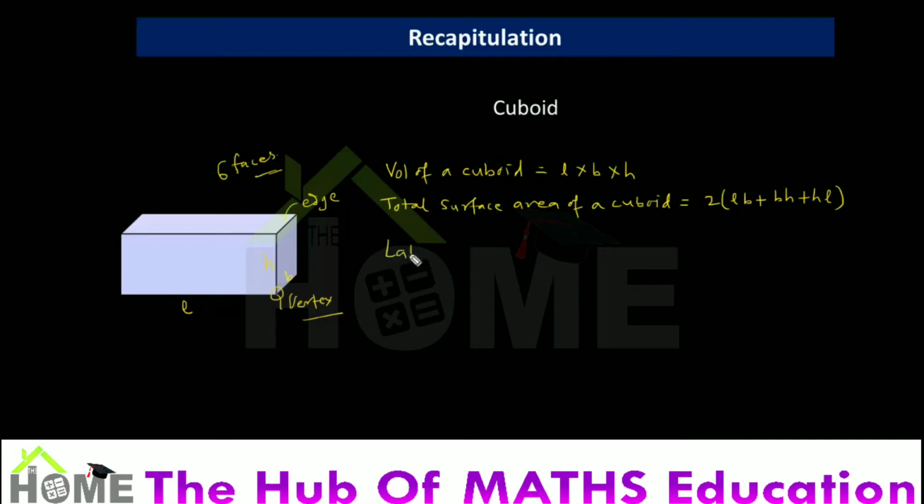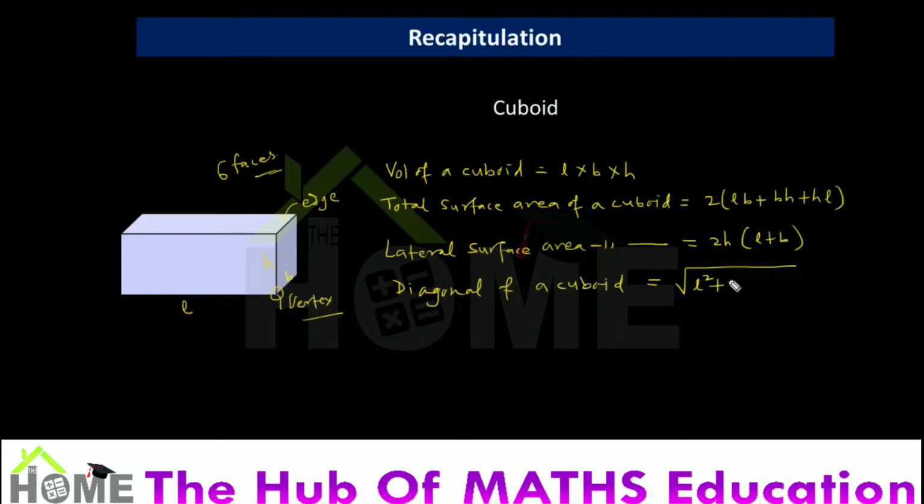And the lateral surface area of a cuboid is given by 2h into (length plus breadth). This gives you the lateral surface area of a cuboid. And one more we have studied, that is the diagonal of a cuboid, which is equal to the square root of L square plus B square plus H square.